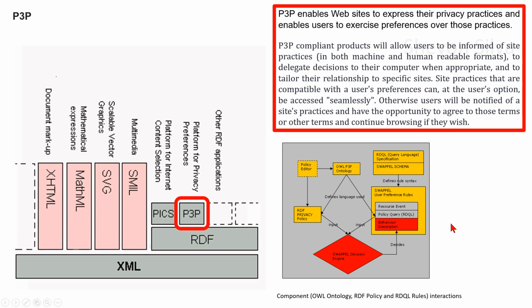User agents define preferences using SWAPPEL, which defines a set of rules for matching against a resource's RDF P3P policy. These rules perform an RDQL query on the policy, and if they match, the behavior for the rule is executed.